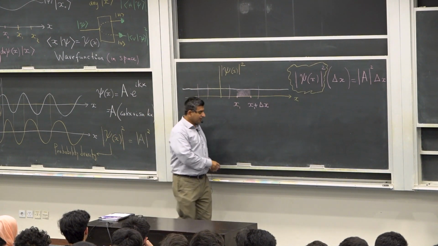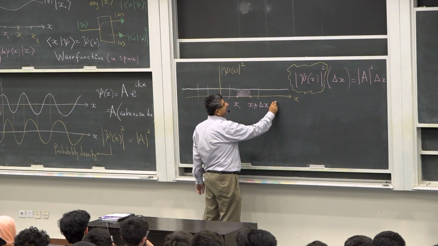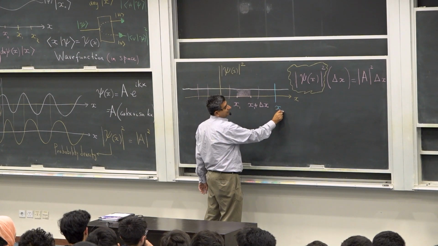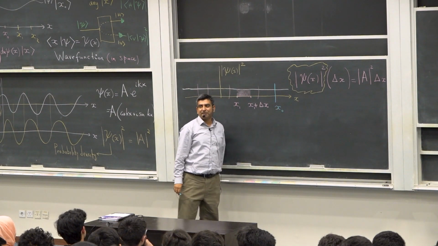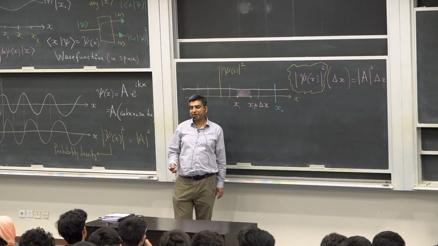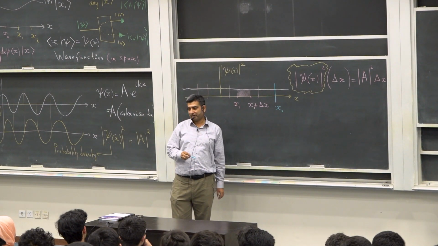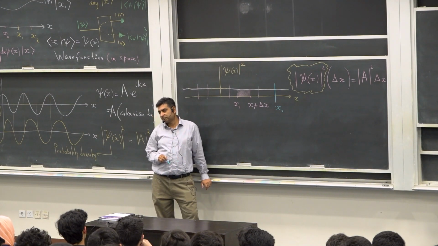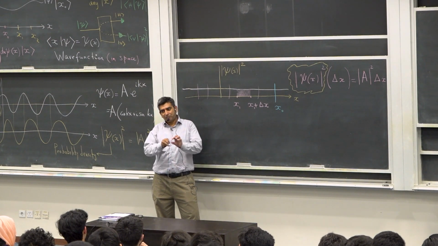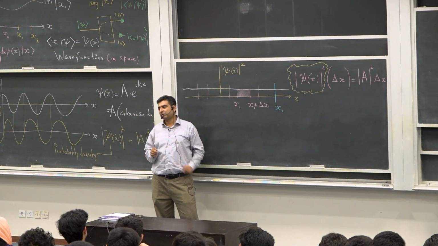But suppose the particle is located at this point, x naught, and you're happy, okay, I found the particle here, but you can't extrapolate and say that the particle was here. It wasn't here. It's just that the wave function collapsed to that point.